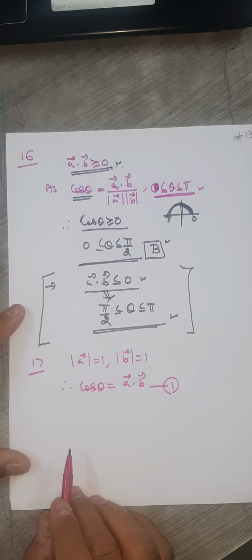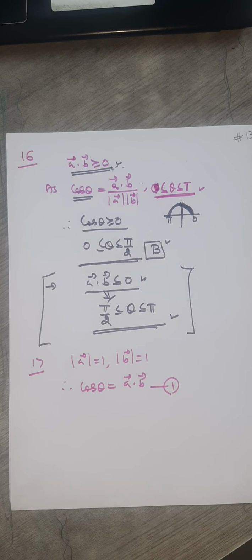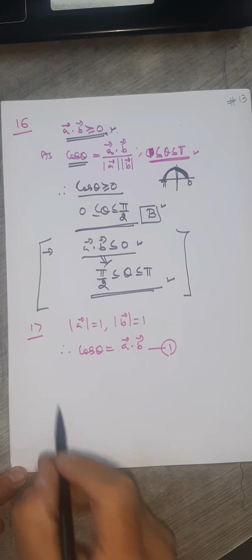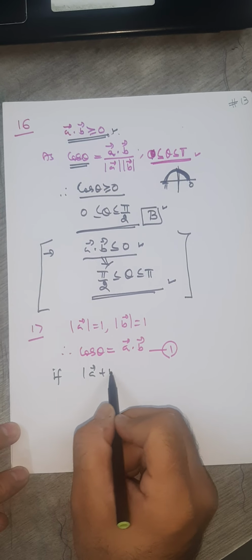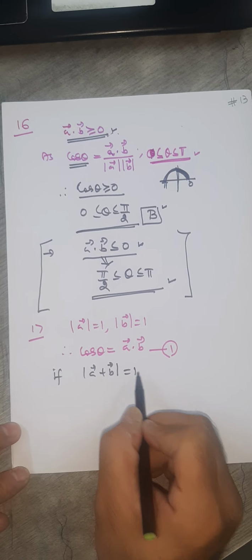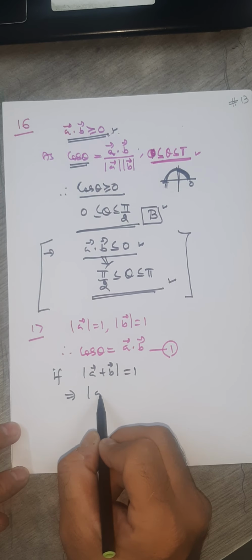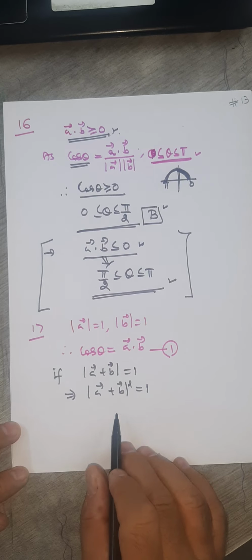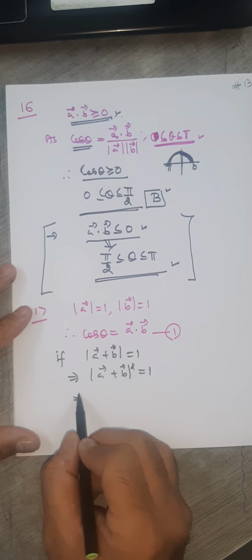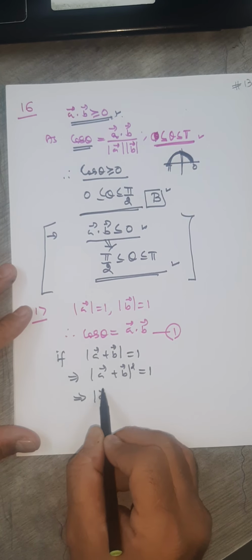Then this is a unit vector if what? So here, if the magnitude of this vector equals 1, it implies just square it. Whenever you have magnitude, you just square it. So I'm just squaring, so equal to 1. Now I'm expanding this.